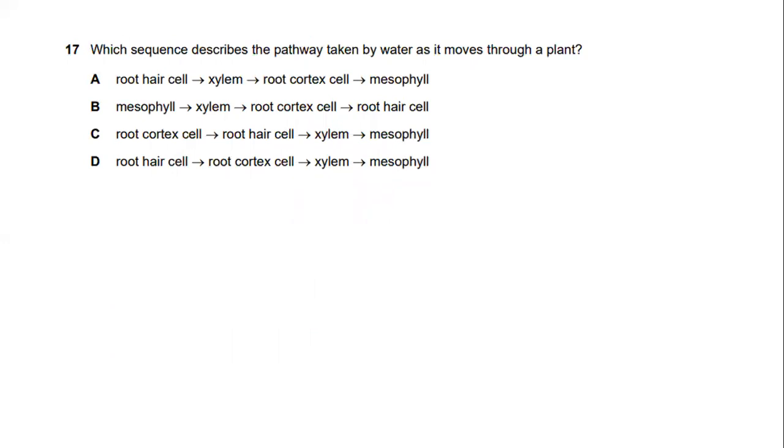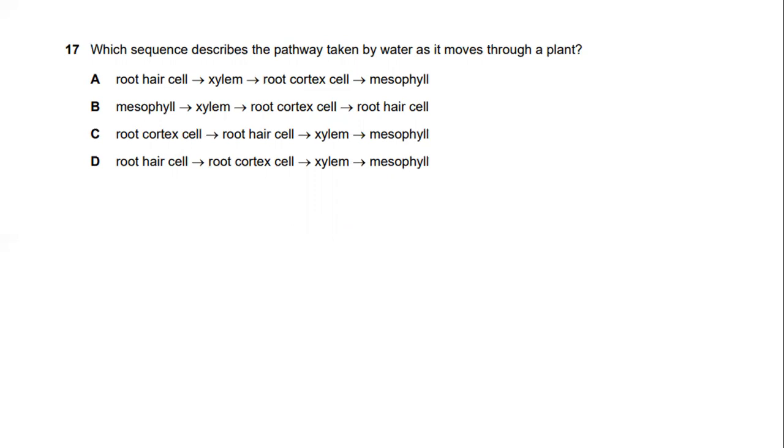Which sequence describes the pathway taken by water as it moves through a plant? The passage of water through the root and stem begins with water in the soil, which enters the root hair through the process of osmosis.